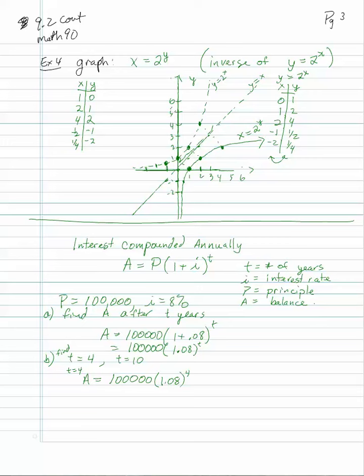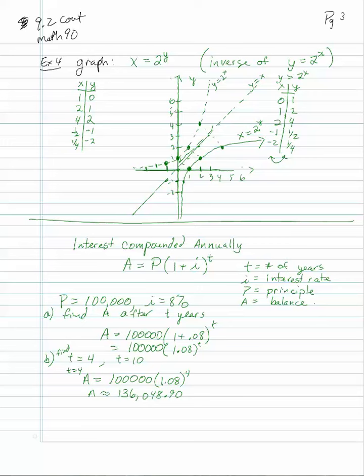That is about 1.3604, and then times 100,000. Then since it's money, I'll round it to 2 decimal places. So it'll be 136,048.90. So we made about $36,000 of interest after 4 years.